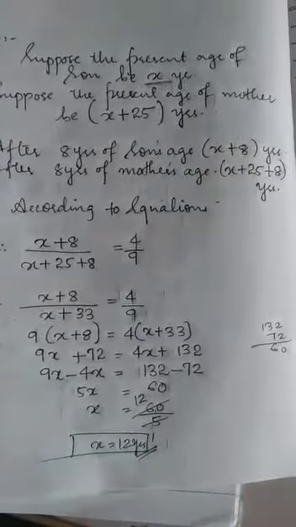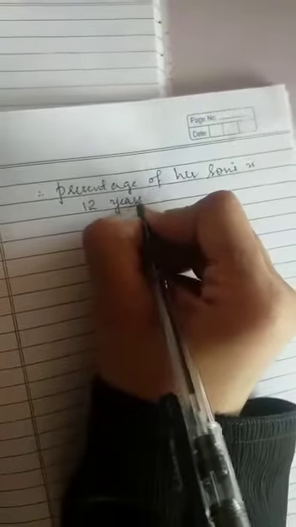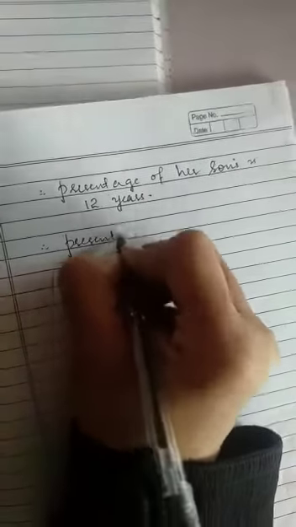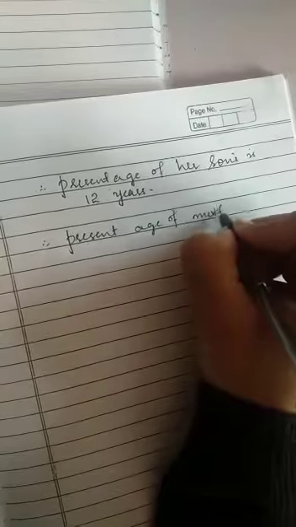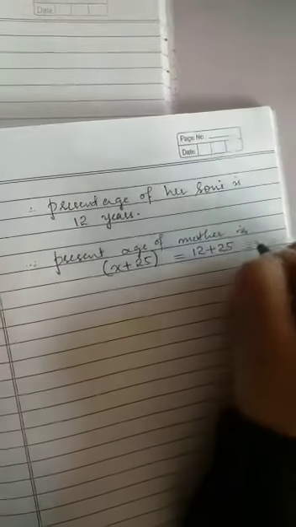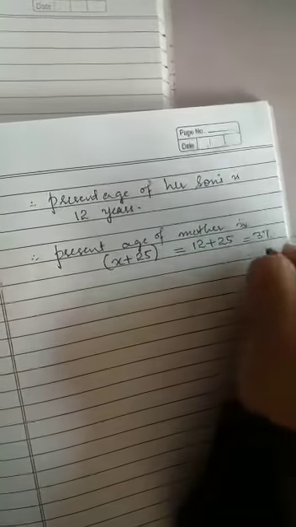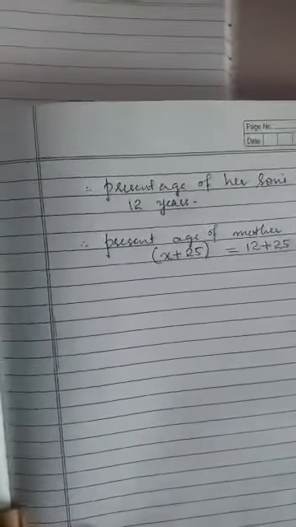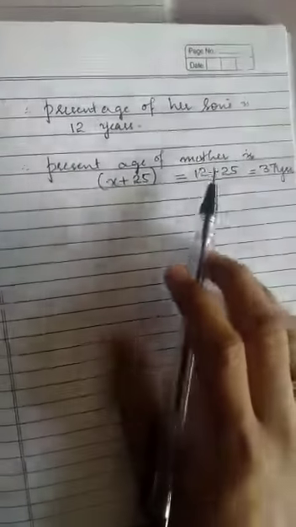Therefore, the present age of the mother is x plus 25, and since x is 12, 12 plus 25 is 37 years. So the present age of the son is 12 years, and his mother is 25 years older than him, so her present age is 37 years.